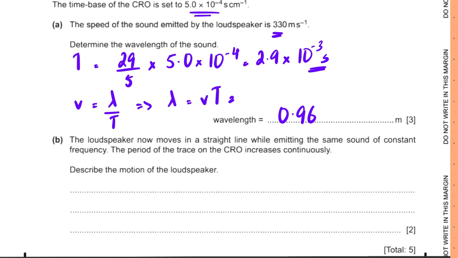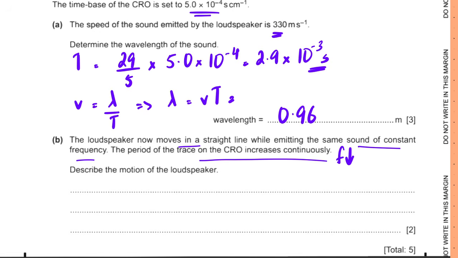The concept at hand that you must then apply is the Doppler effect. So you say that this loudspeaker now moves while emitting the same sound of constant frequency, and the period of the trace increases continuously. Alright, so if period is increasing, that means the frequency is decreasing, right?